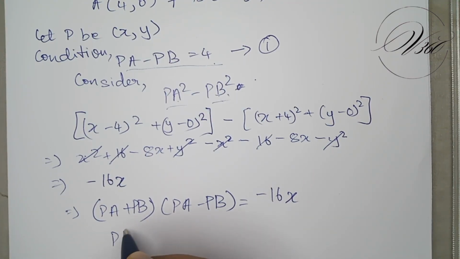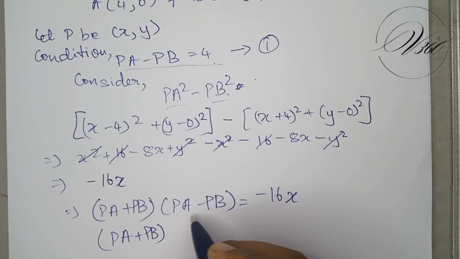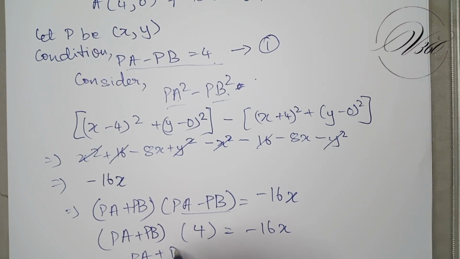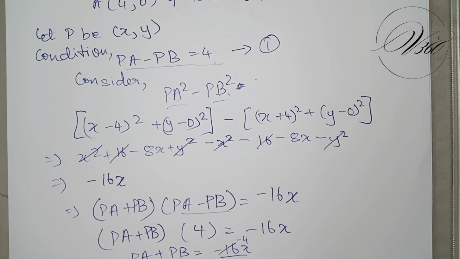So (PA plus PB) times 4 is equal to minus 16x. Now PA plus PB is equal to minus 16x by 4, 4 fours are 16, minus 4x. So here PA plus PB is equal to minus 4x, right?